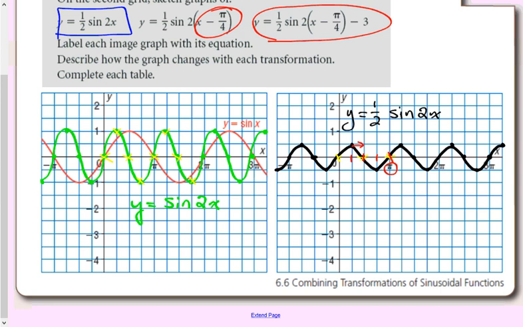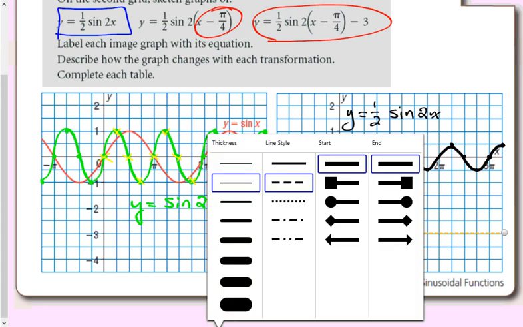And so I'm going to start with my center line, which used to be up there, and it's moving down 3 units. So the center line is a handy guide for us when we do vertical translations or vertical displacement. I'll make that a little bit heavier.